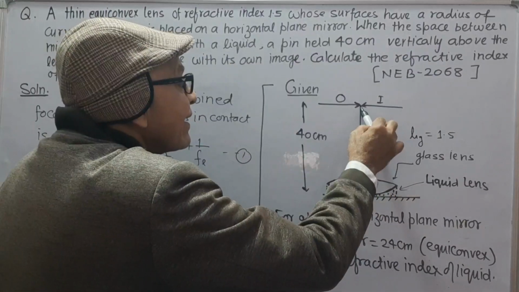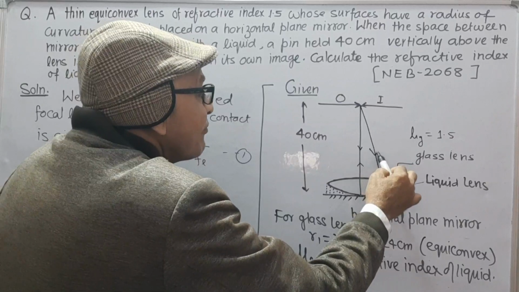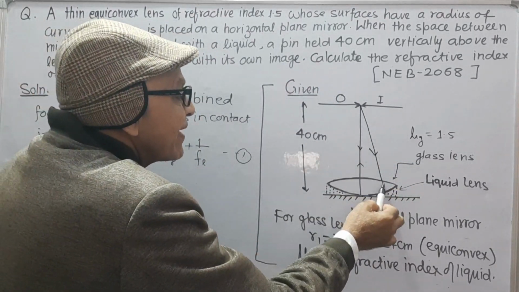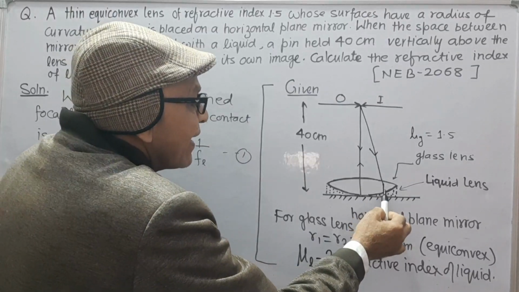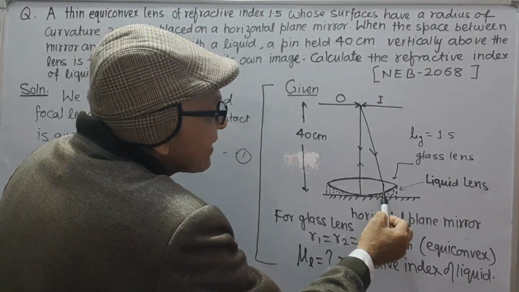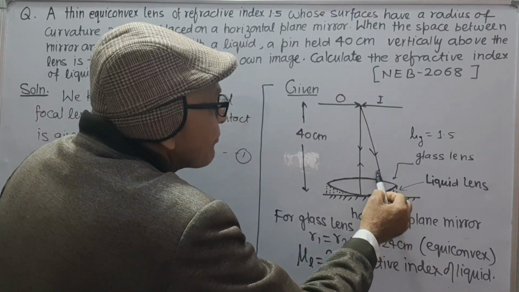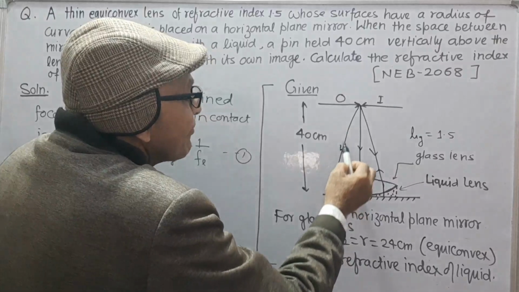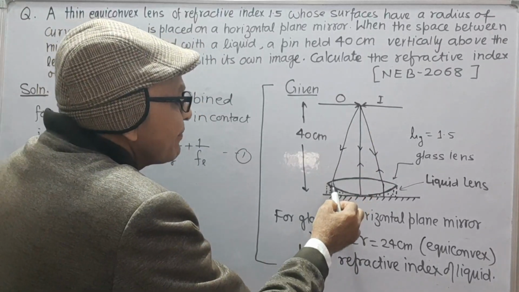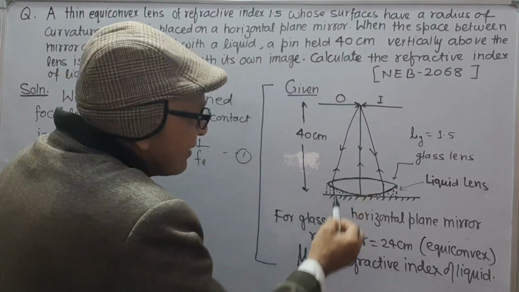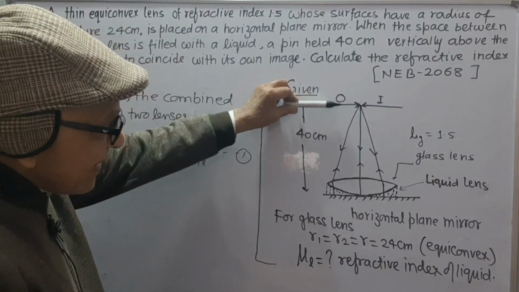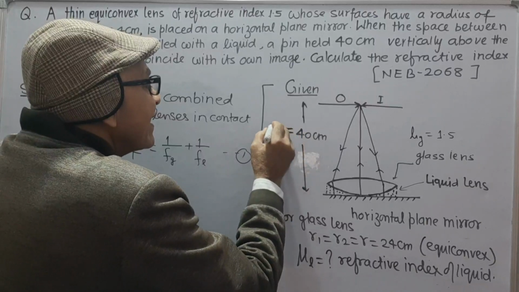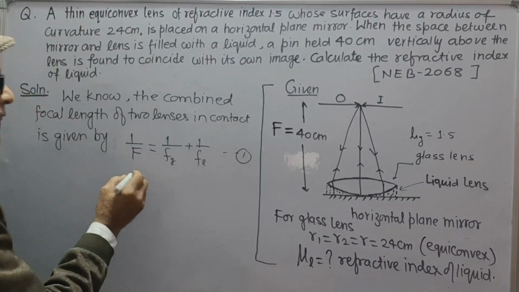Again, any ray coming from focus will become parallel to principal axis, and again on the plane mirror it will be reflected back. Similarly, this side also ray coming from focus will become parallel and will be reflected back. Means this point will be the focus, combined focus, so we can write this as capital F.